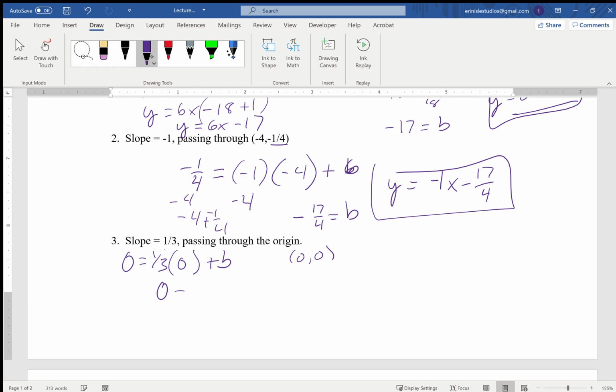I end up with 0 equals b. So my answer is going to be y equals 1/3 x. No b because it's 0.